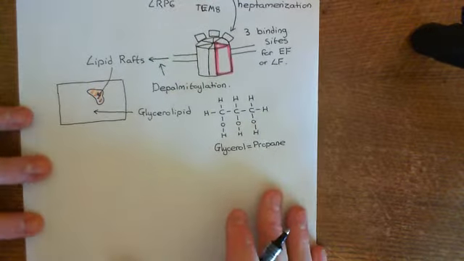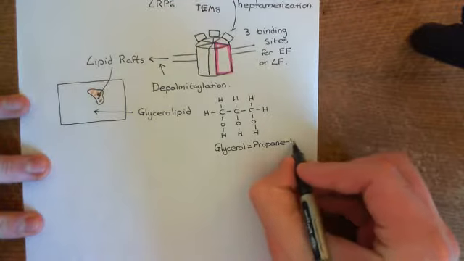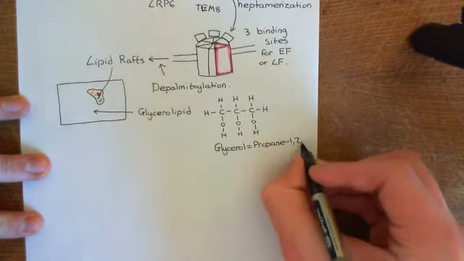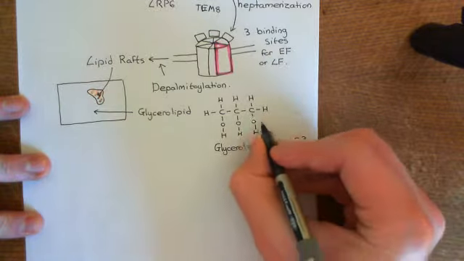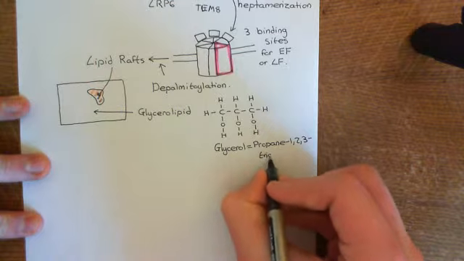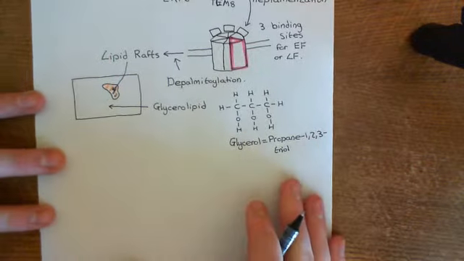Let me just pull this out a little bit. 1, because off the first carbon we have an alcohol group. 2, because off the second carbon we have an alcohol group. 3, because off the third carbon we have an alcohol group. And then triol, because we have 3 alcohol groups overall.